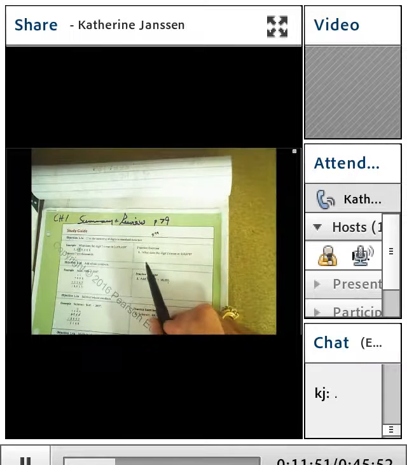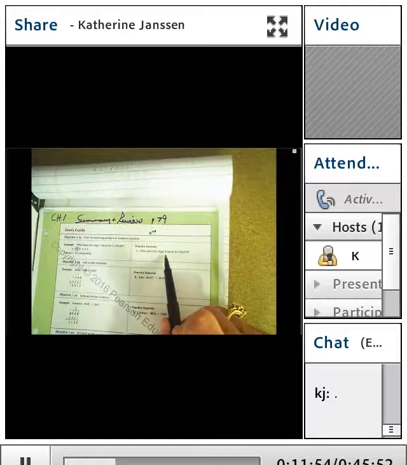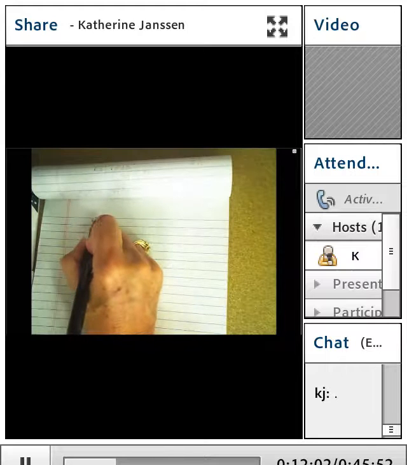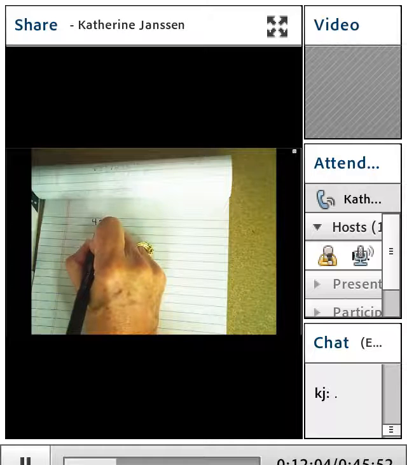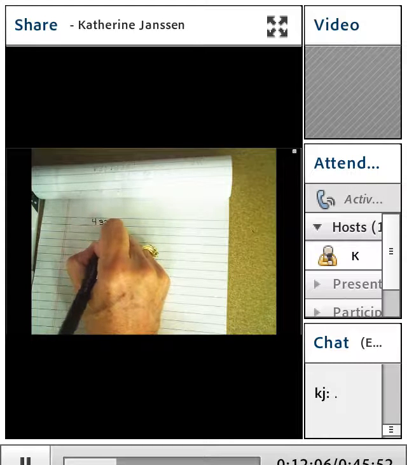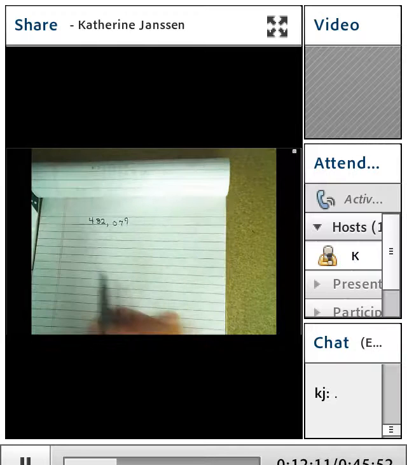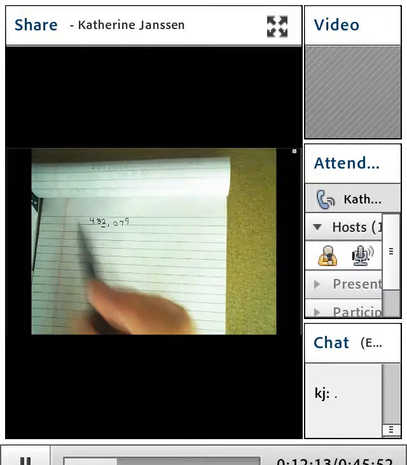So our first practice question is, what does the digit 2 mean in the number 432,079? Our number is given to us as 432,079, and we're supposed to find the digit 2 and what does it mean?